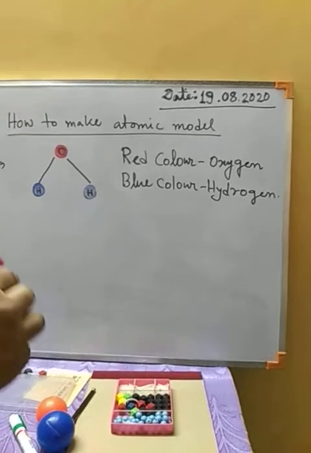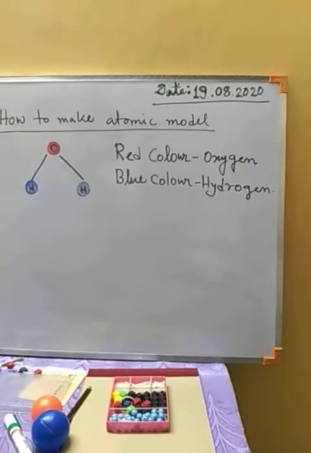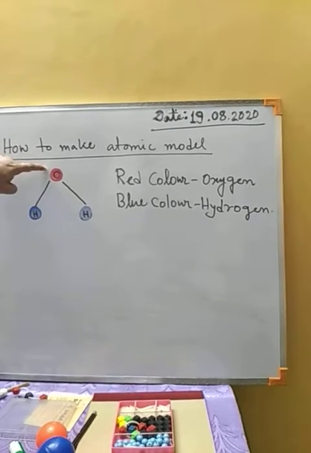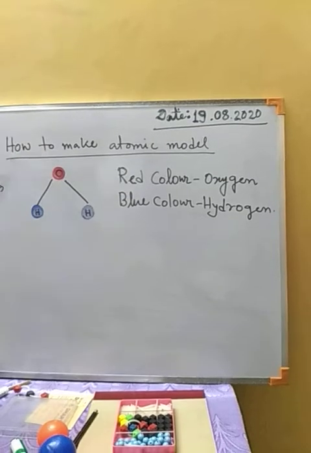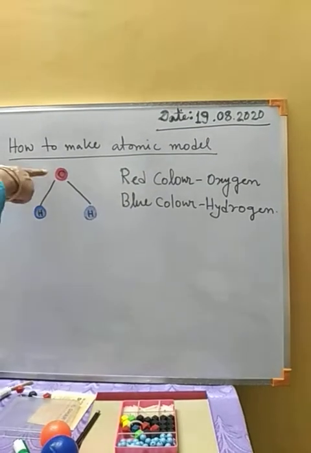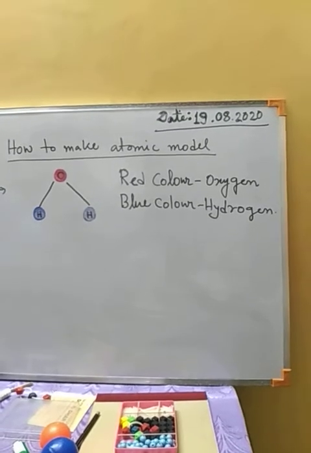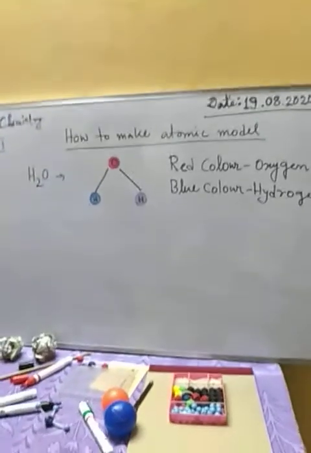And finally, in this picture you can see that we have to denote which element is which. On the oxygen paper ball which you have made, you have to write the symbol of oxygen.